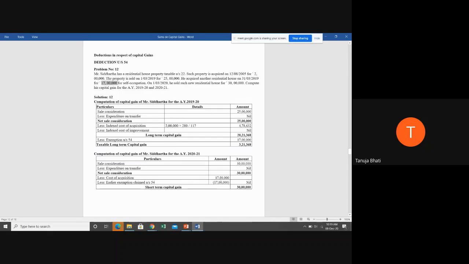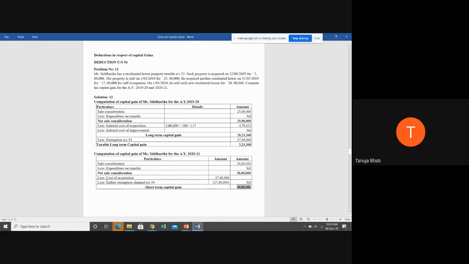So cost of acquisition is actually 17 lakhs. But the benefit that he had taken earlier of 17 lakh will be reversed and reduced from the cost of acquisition. Therefore, you're reducing 17 lakhs exemption what you had taken earlier in the earlier assessment year, and the cost of acquisition will be nil. So short-term capital gain will be 30 lakh.